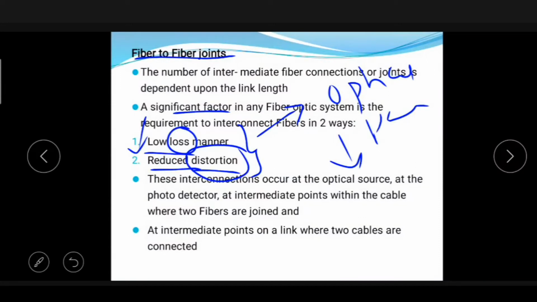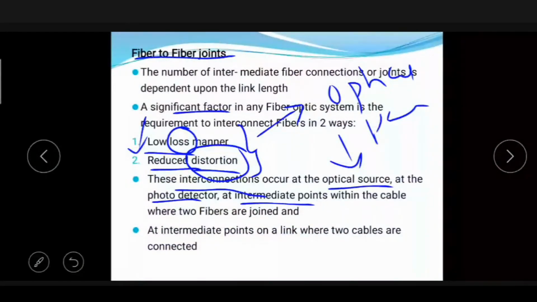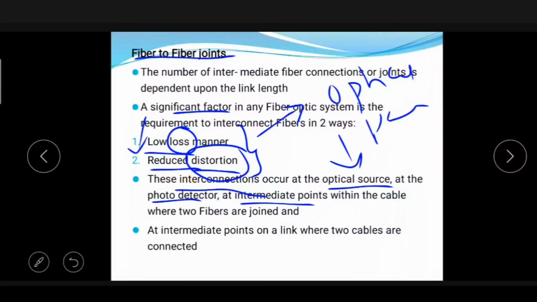So these interconnections occur at the optical source, at the detector, and at intermediate joints within the cable. Using these devices, we can join a fiber to another fiber, or have a joint at the optical source, or at the optical detector or photodetector. These are the points where we can join.